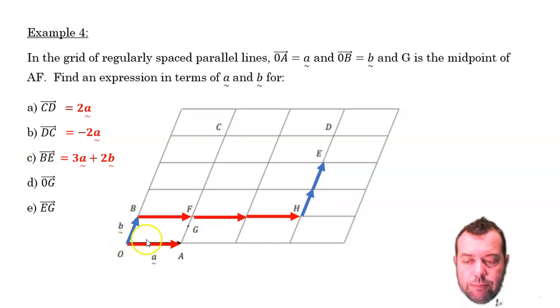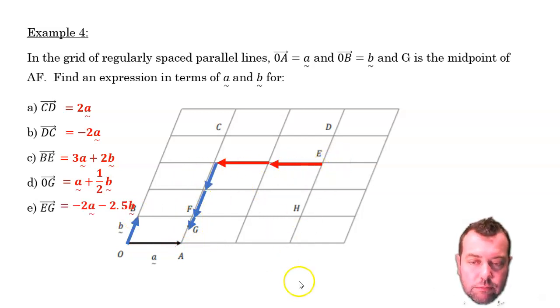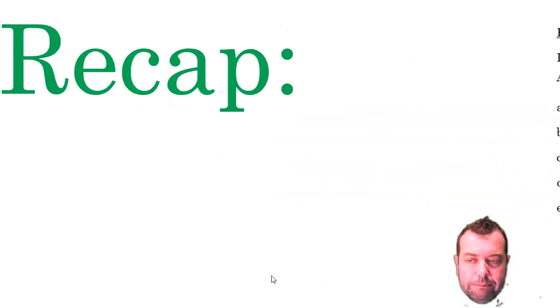Now OG, remembering that G is the midpoint of AF, so I need to go across A units and up half of a B: A plus half B. And from E to G, here's E, here's G, back to A, so negative 2A, down 2.5, or negative 2.5B.